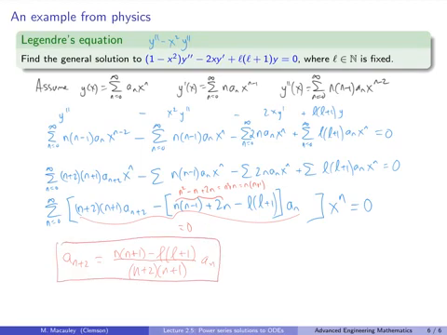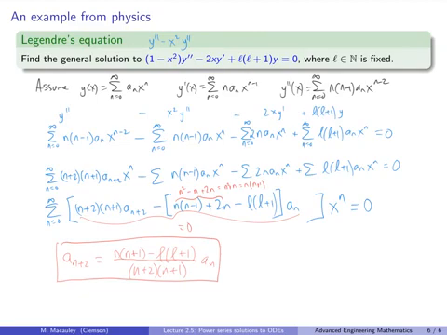So once again, every fixed l corresponds to some harmonic or some vibration. For every l, we get a power series solution like this, and the coefficients satisfy this recurrence relation.